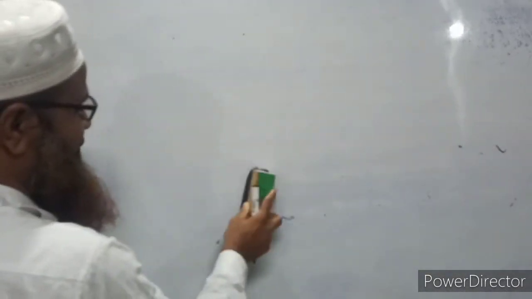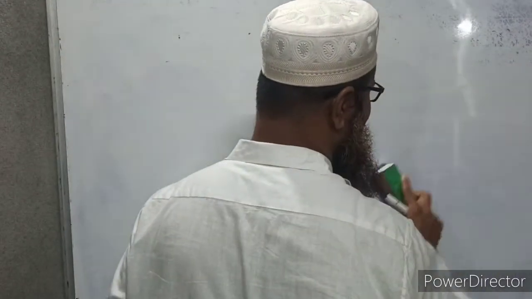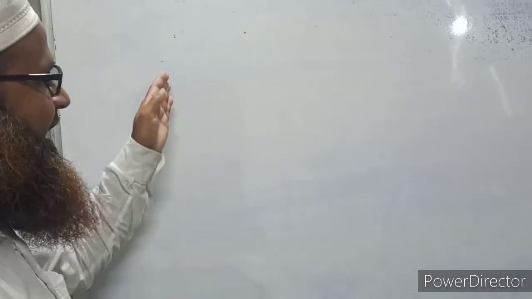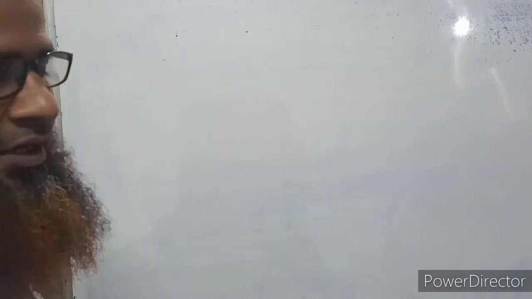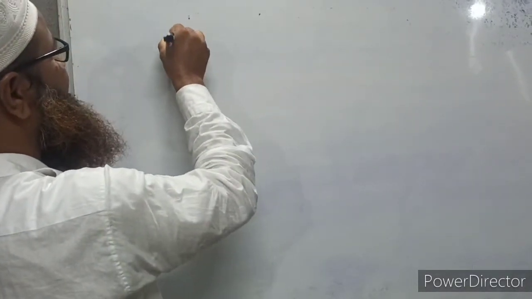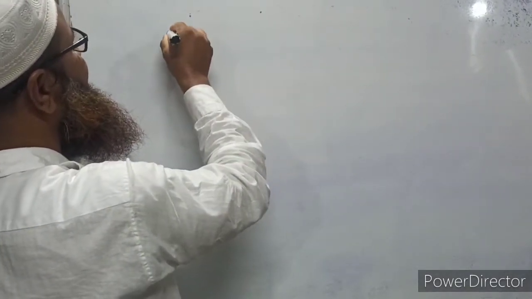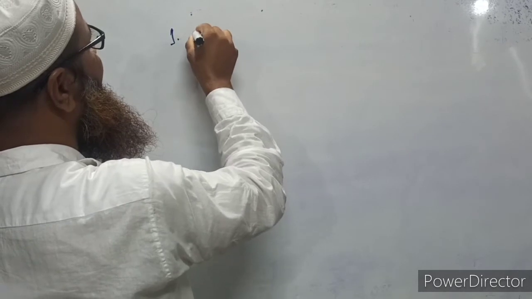So we will practice some more sentences from affirmative to negative with the help of auxiliary verb, or having no auxiliary verb. I am writing some sentences here.